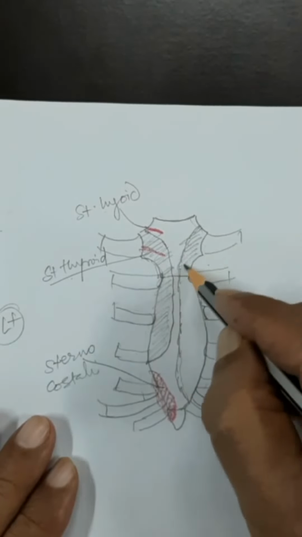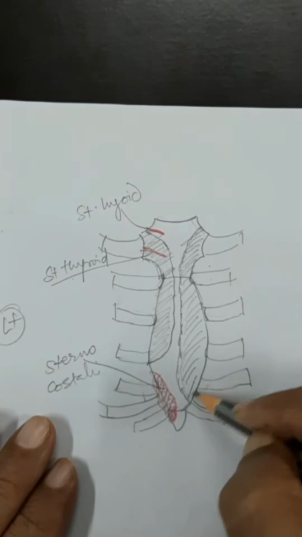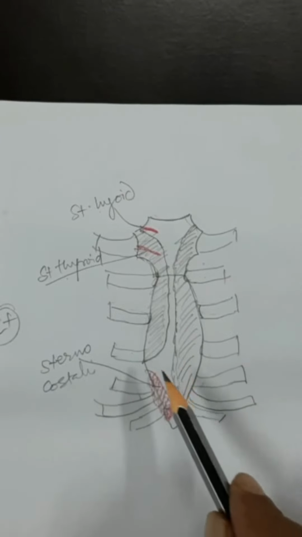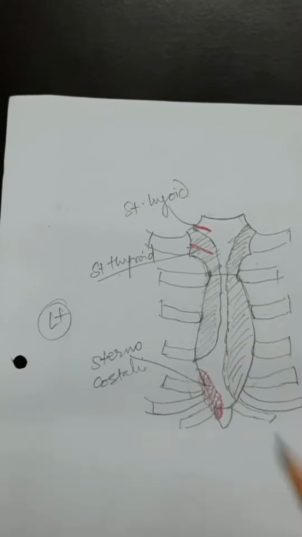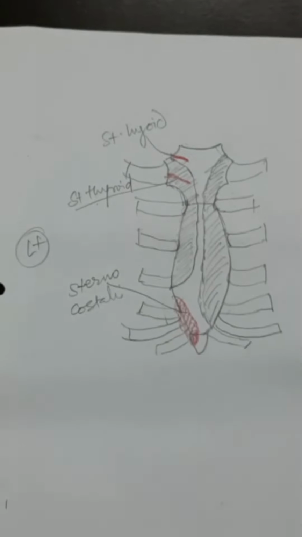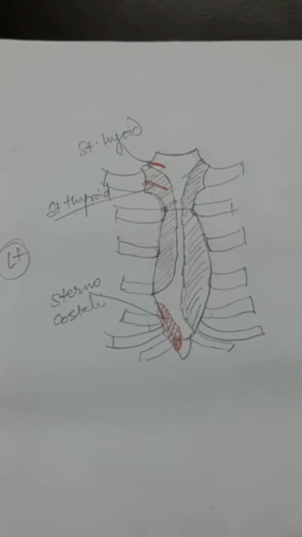And this is the reflection of the right pleura. So see the difference between the reflection of the right pleura and that of the left pleura. You should keep that in mind, okay. This difference is because of the presence of the heart.